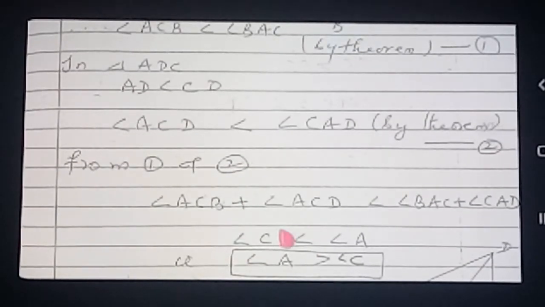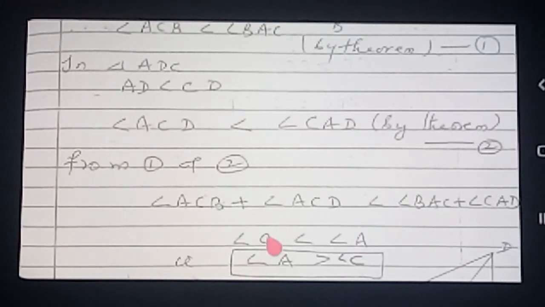So here, ACB plus ACD is less than BAC plus CAD. Just now I showed you in the diagram, ACB plus ACD is angle C, and BAC plus CAD is angle A. So angle C is less than angle A. Then which is the greatest angle?